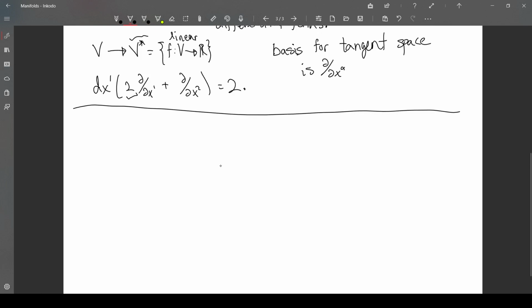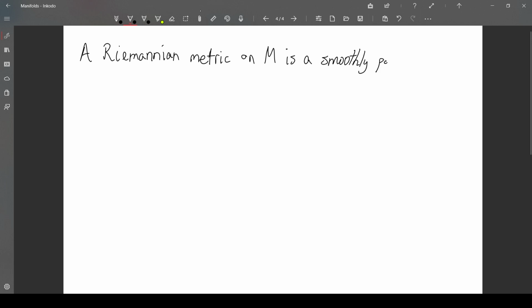The next thing to talk about, I'll do this on the next page, is a Riemannian metric on M. This is a smoothly point-dependent positive definite form on the tangent space.